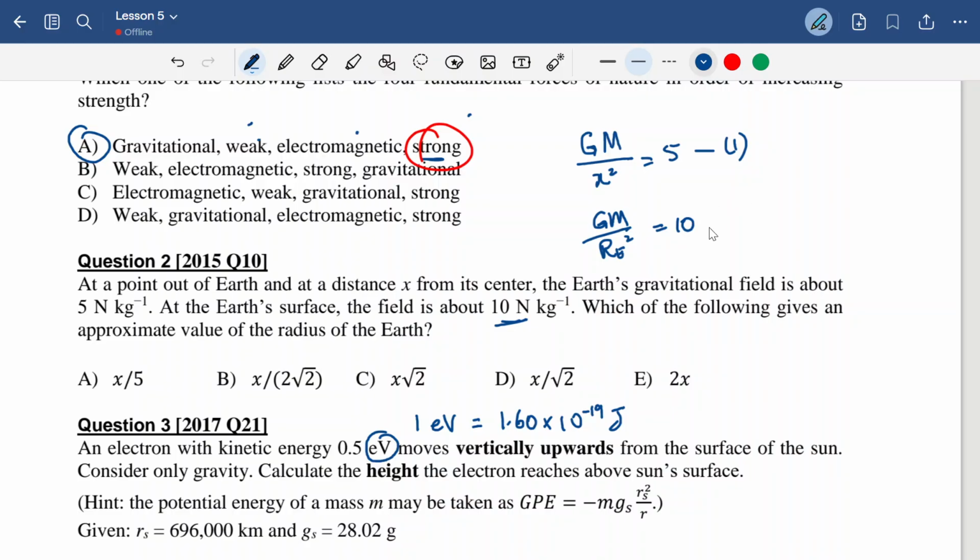Anyway, this is equation 2. When it's scenario questions, I will just take equation 1 divided by equation 2, so get rid of the constants. On the left side, you'll get radius of Earth squared over x squared. On the right side, you get half. So the radius of Earth is x over root 2.